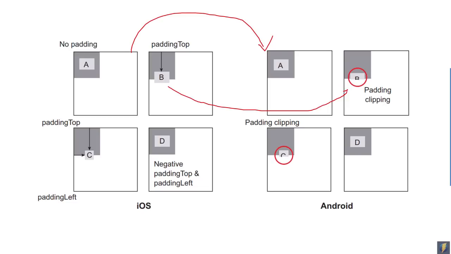In iOS, the child component can move outside the parent box, but on the Android device, the child component cannot go outside the parent component. The third one is different. The fourth is the same, because the child is inside the parent. This is different.